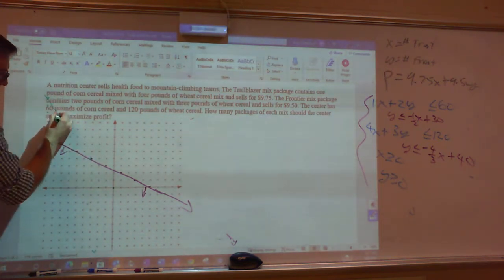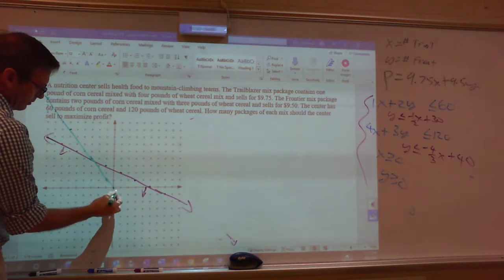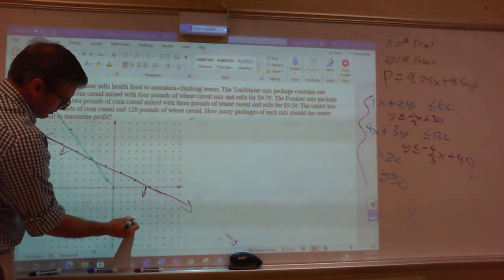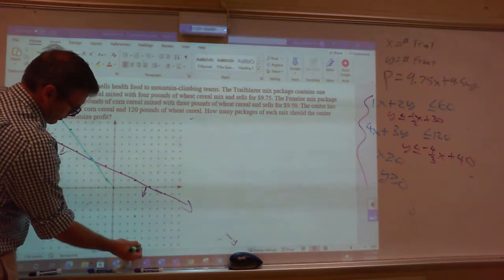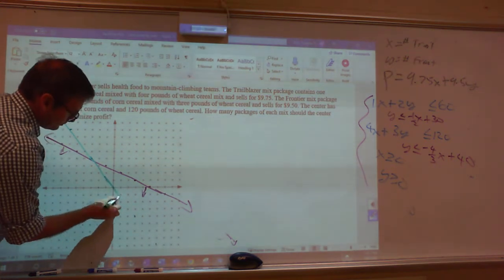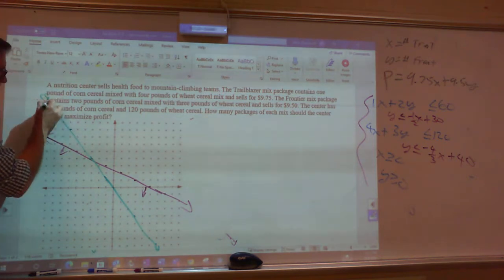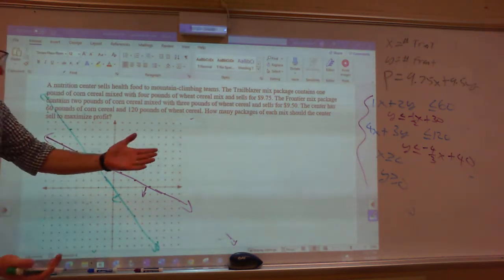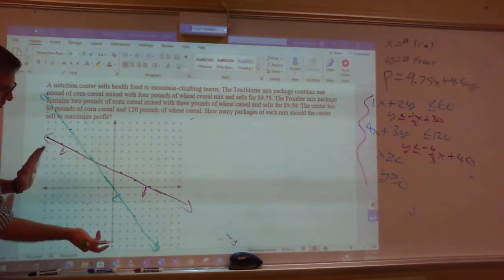Yeah. 1, 2, 3, 4. 1, 2, 3. And then shading down. I've got my restrictions, which means I'm in the first quadrant.